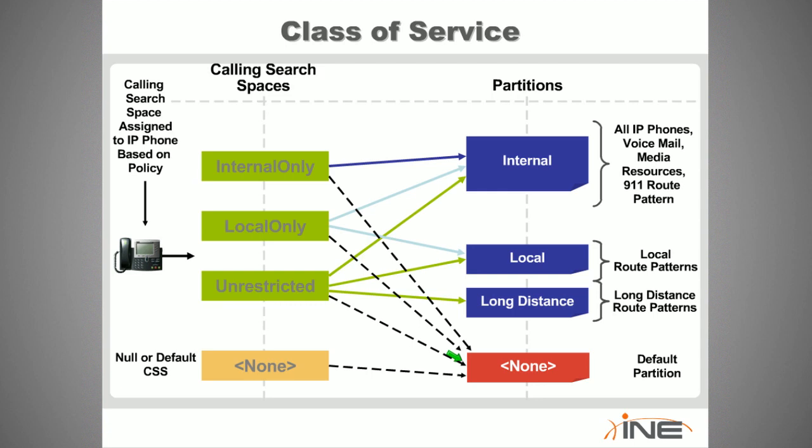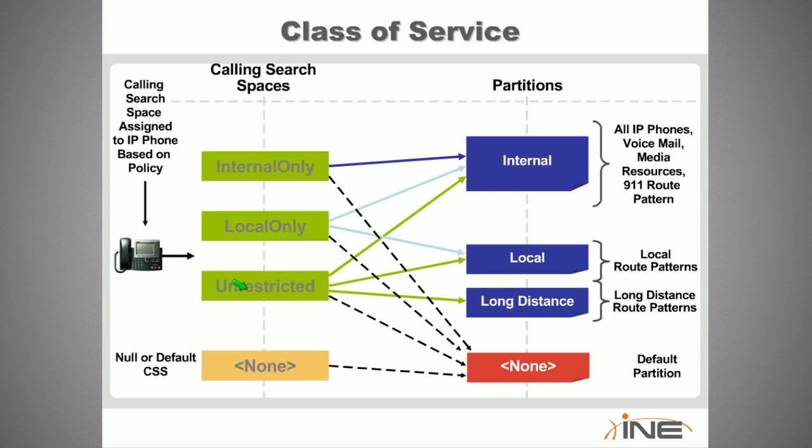However, all other CSSs that you ever configure all have the none partition. This is the same way that when we talked about media, if you watch that module, the null media resource group list had the null media resource group, but then every other explicitly defined media resource group list had the null media resource group as well.